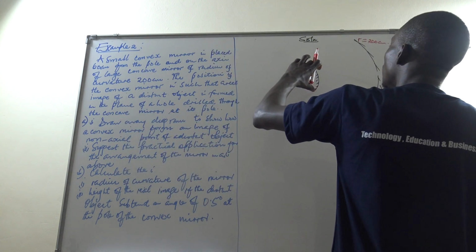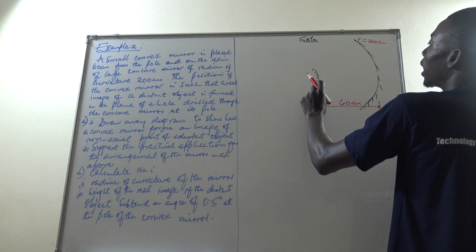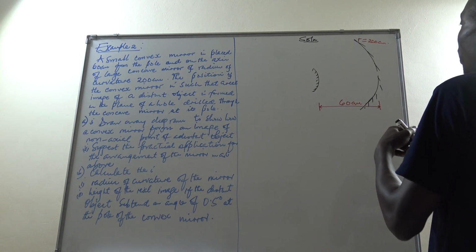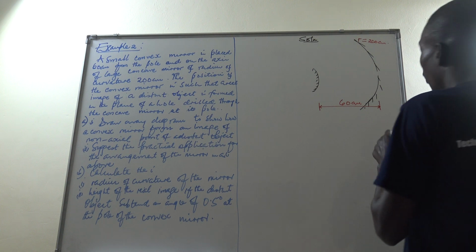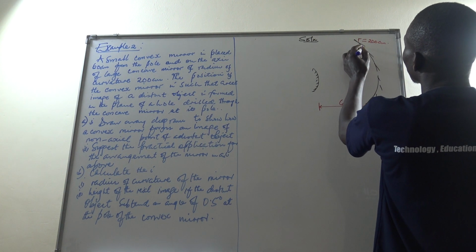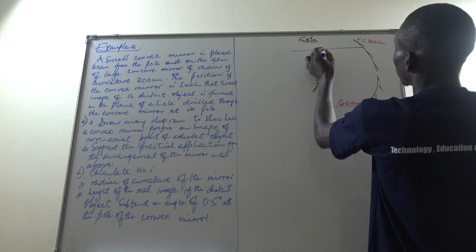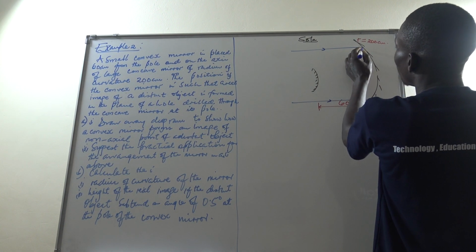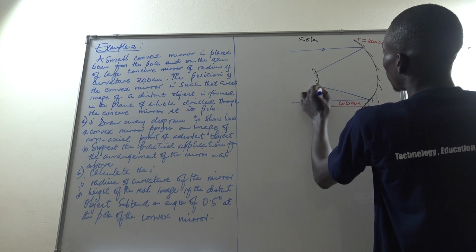That the position of this mirror here is such that the rays coming from a distant object, how do we draw the rays from the distant object? It will be something like this, something like that, and now it will be incident here, it will be incident here.